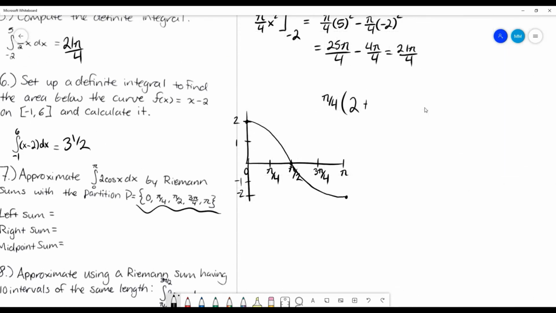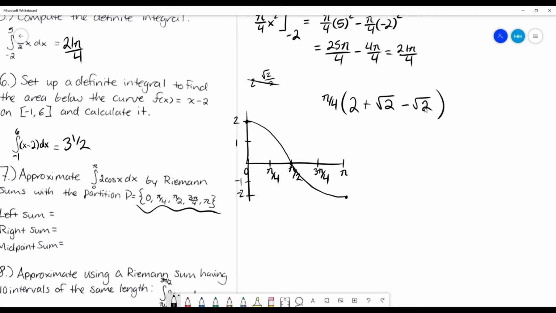And then plus this next height, which is 2 times cosine of pi over 4. Well, cosine of pi over 4 is square root of 2 over 2 times 2. Those cancel, and it's just square root of 2. Then, obviously, plugging in a pi over 2 gets us 0, and then plugging in 3 pi over 4, we're going to get a negative square root of 2.